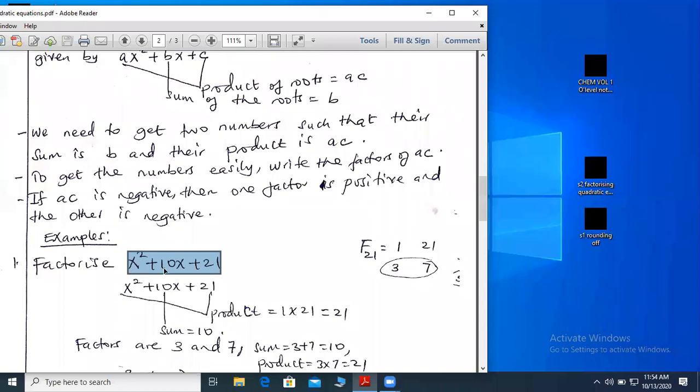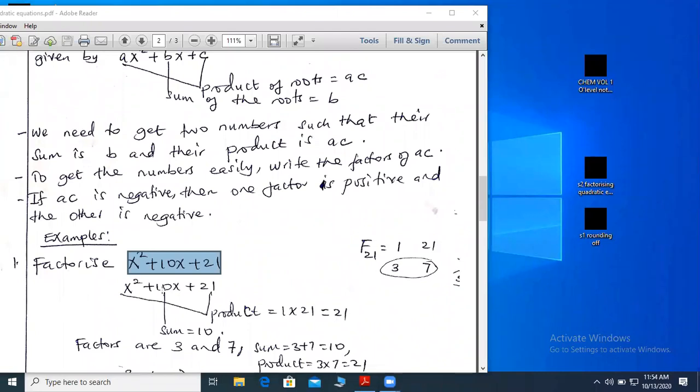What is the value of b if you compare this and this? 10. Very good. And what is the value of c? 21. Thank you. That means in this equation, the product of the factors is going to be 1 times 21, which is A times C, and the answer is 21.